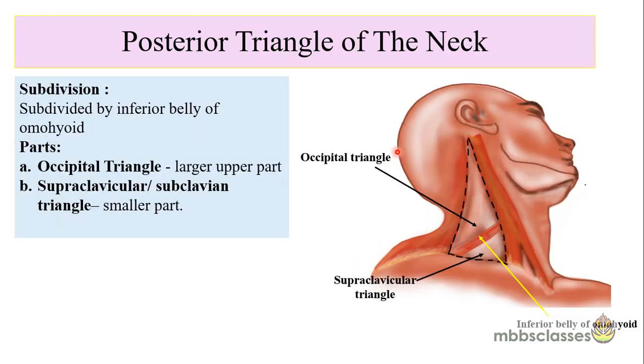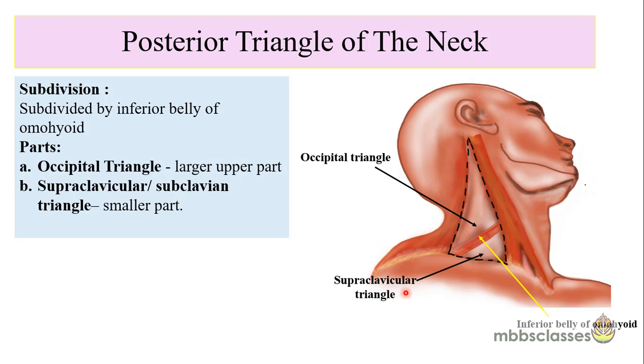This posterior triangle of the neck is divided again into two subdivisions by the inferior belly of the omohyoid muscle. This is the inferior belly of the omohyoid muscle, which divides it into the upper part, called the occipital triangle, and the lower part, the supraclavicular triangle.